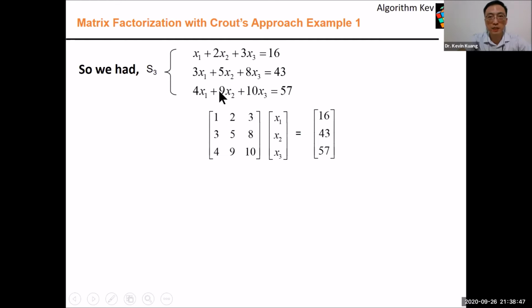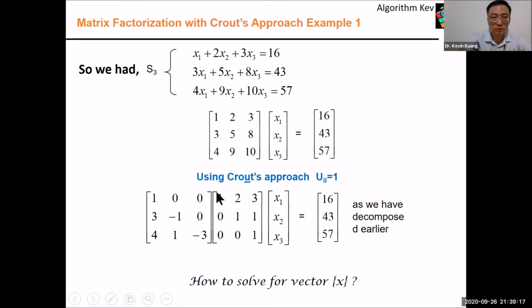Converting it into the matrix format, it's 1, 2, 3, 3, 5, 8, 4, 9, 10, which we decomposed a few slides earlier. We want to solve this system of linear equations, meaning that we're going to determine the values of x1, x2, and x3. So factorizing this matrix using Crout's approach, where the diagonals of the U matrix are assumed to be 1.